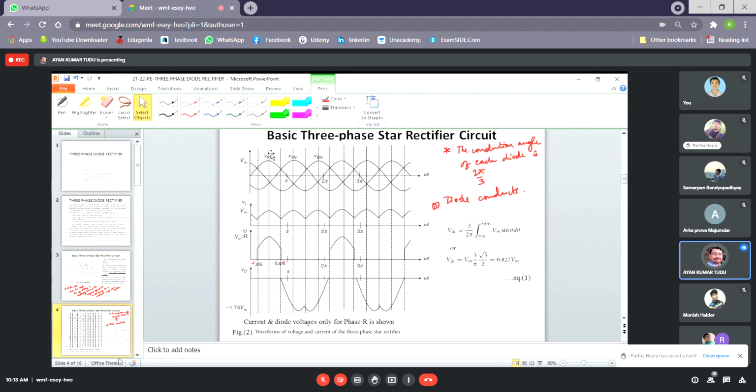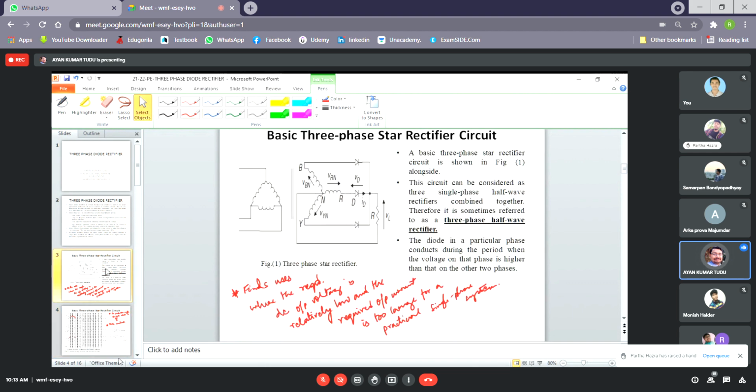So as you can see here, at this portion this VRN is higher compared to the other voltages, and that's why this diode is conducting.